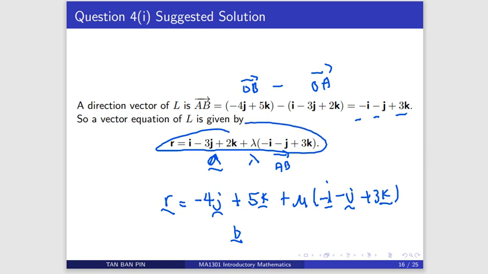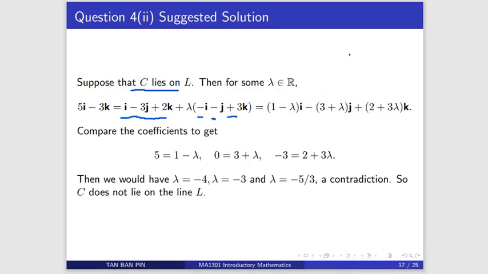So if C lies on the line L, then vector OC can be written in this form. So using that, you just equate the position vector of point C, which is 5i minus 3k.